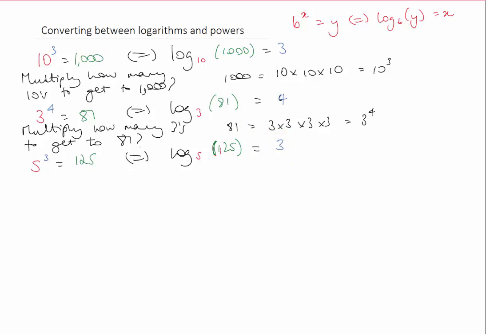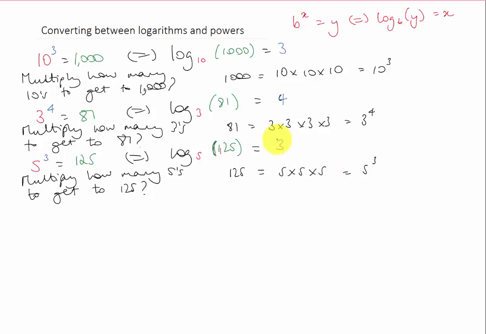So again, we ask the question, multiply how many 5's to get to 125, and the answer is that 125 is equal to 5 times 5 times 5, or 5 to the power 3. So that's where this 3 comes from. We have to multiply 3 5's together to get to 125.